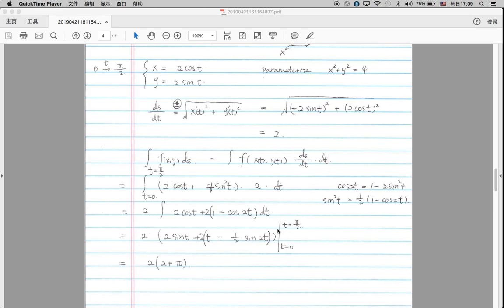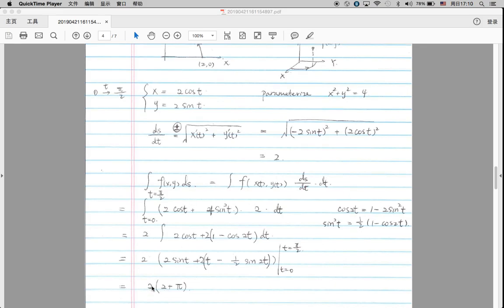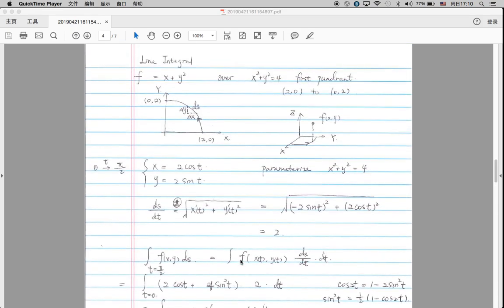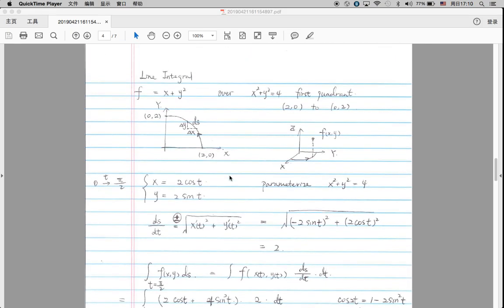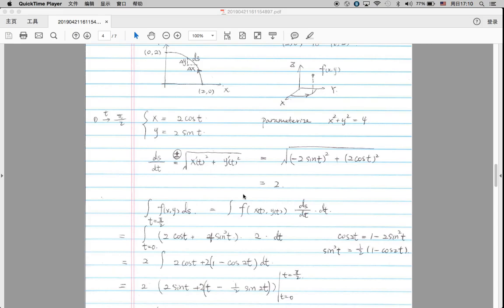And then we can input the range for the change in t, which is 0 to 90 degrees, and then we have the line integral equal to 2 multiplied by 2 plus pi. So this is the technique or method to calculate the line integral for this example.